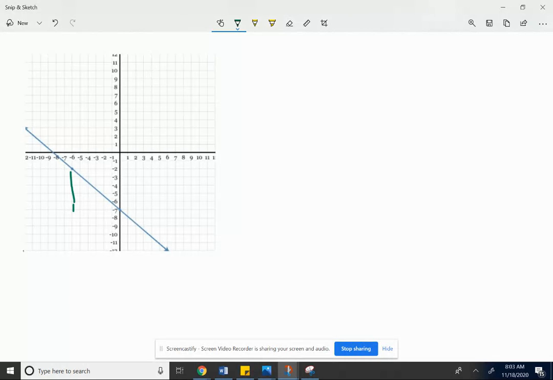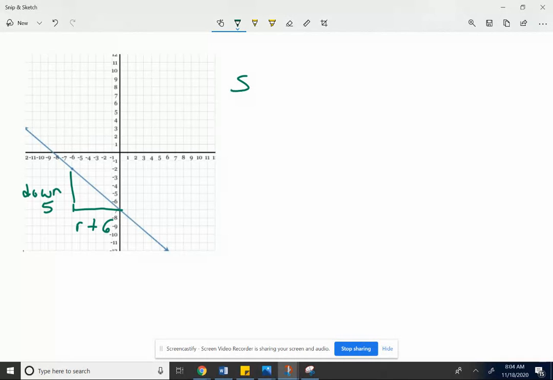I'm going to go down, and then I'm going to go over to the right. So I'm going down. Boy, this is hard to see. 1, 2, 3, 4, 5 spaces. And then I'm going to the right. 1, 2, 3, 4, 5, 6 spaces.